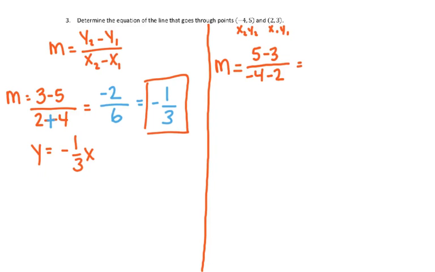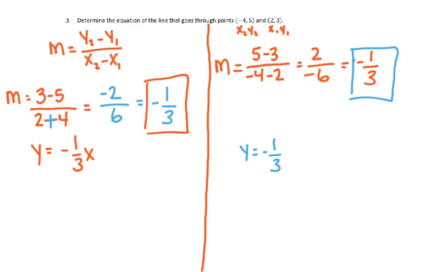So that means 5 minus 3 is 2, and negative 4 minus 2 is negative 6. So I again end up with that negative 2/6, and I can simplify that to negative 1/3. So I'm still saying, no matter the order that I put these coordinate points in, that the slope of my line is negative 1/3. So I would still write this as y equals negative 1/3 x.